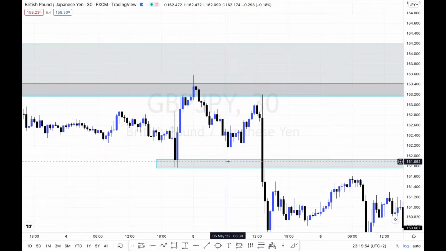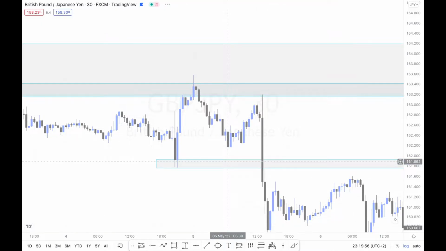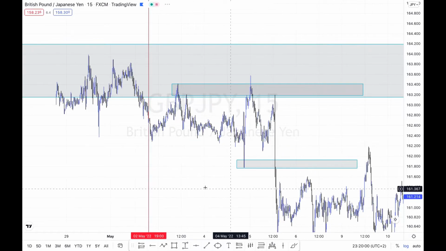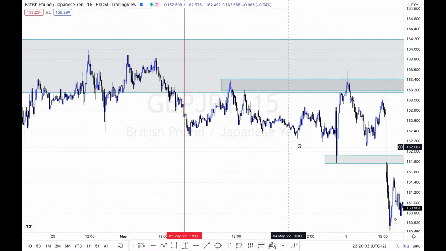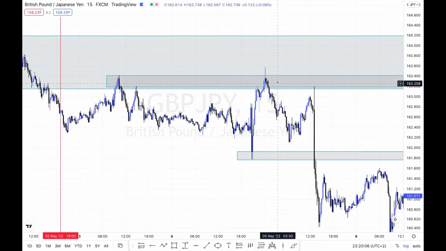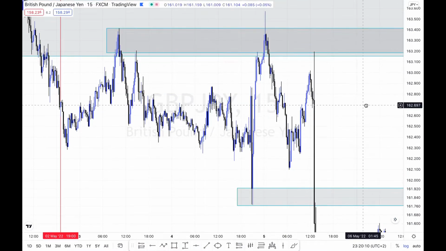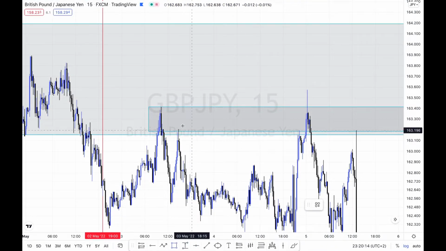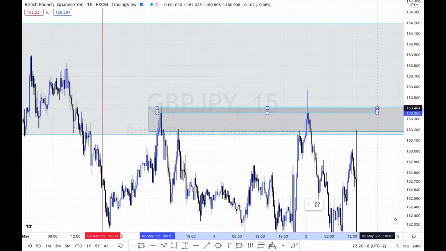So now let's go to the 15 minutes. On the 15 minutes too, as you can see, price came up, then came down, then came up, right, to the zone of interest. By the way, as you go to the lower time frames, so now here, our zone of interest is this, right?